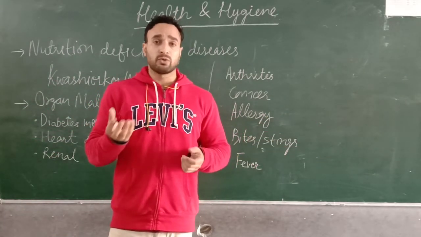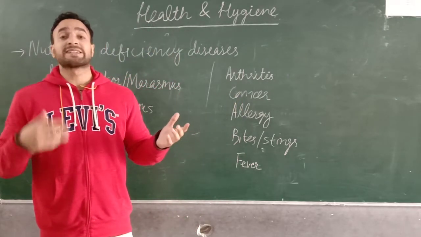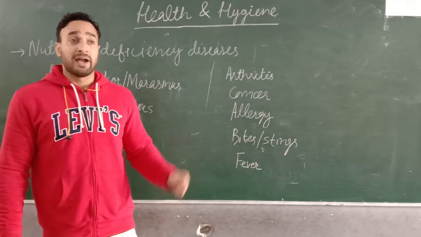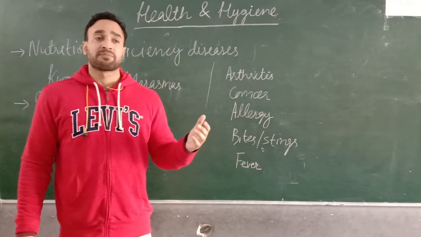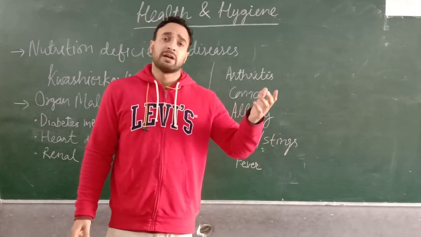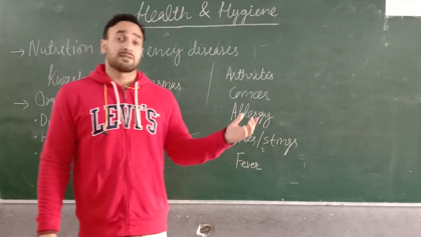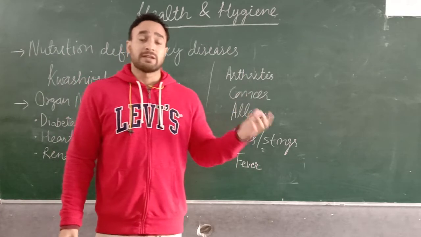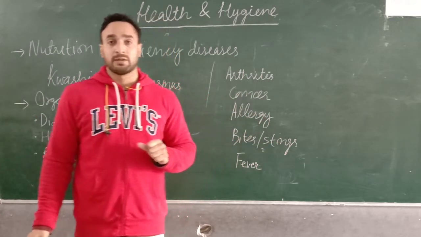So, a group of cells which are dividing unregulated are called cancerous cells, and the disease is called cancer. And the cancers are named with respect to the organ that is affected. Suppose there are cervical cancers, there are mouth cancers, there are throat cancers, there are cancers in any part of the body named after the body organ.